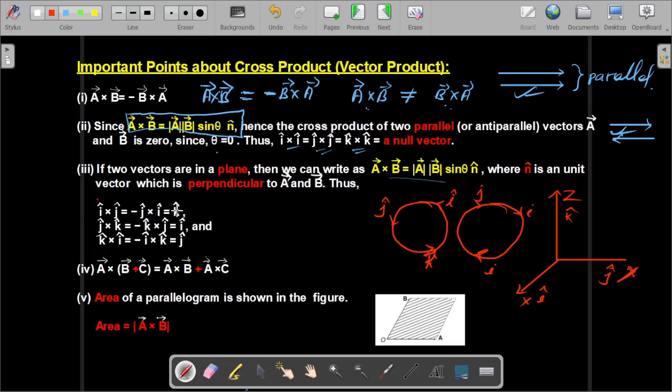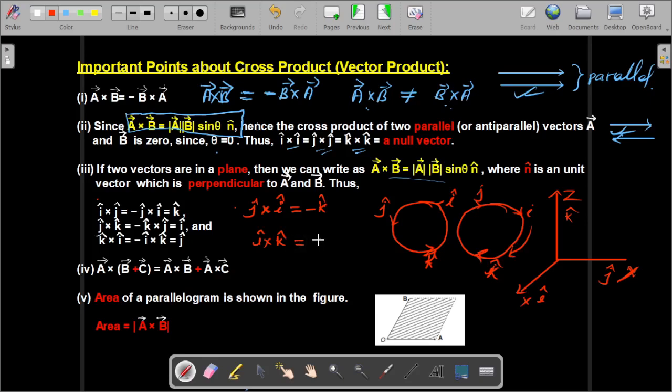But if you take the opposite rotation, this way, j first and then I, this is not the positive rotation. If you take the cross product, then you will get minus. Similarly, if you take I cross k, this is negative rotation, right? I and k this way is negative.